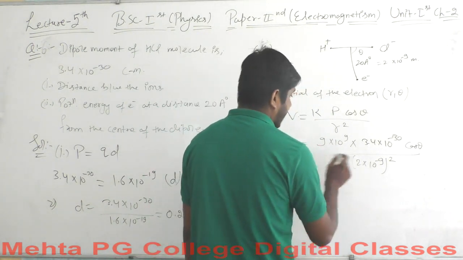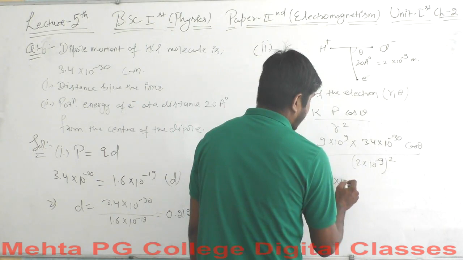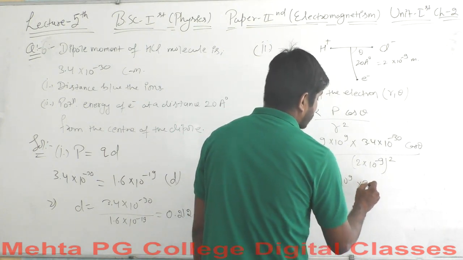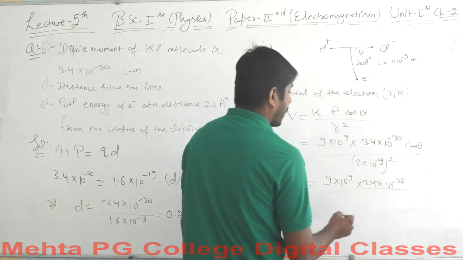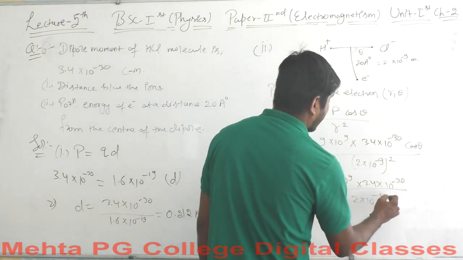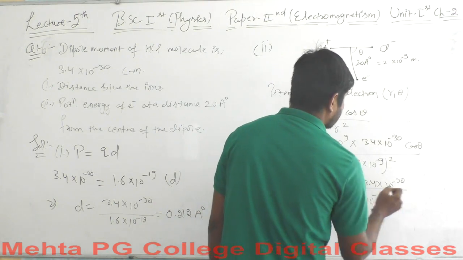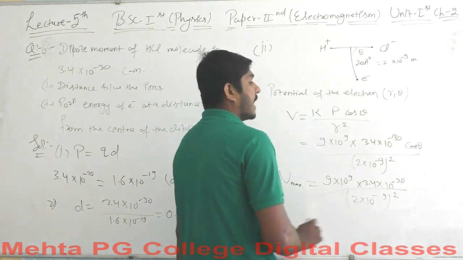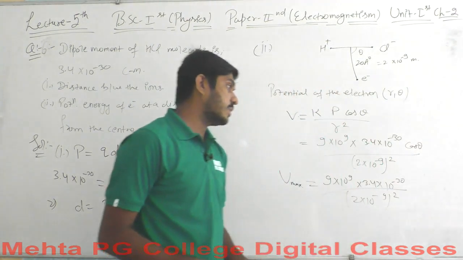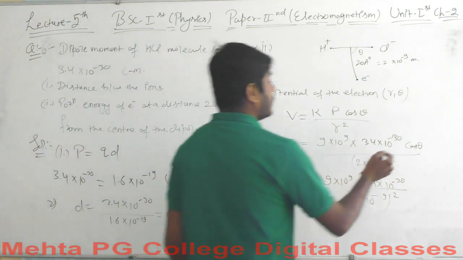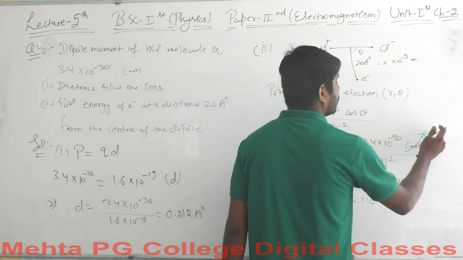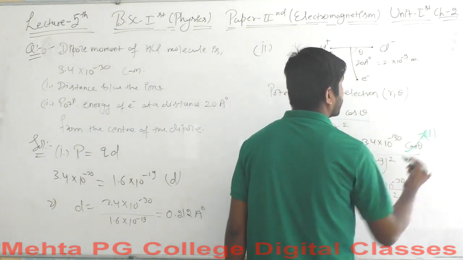This will be equal to 9 into 10 to the power 9 into 3.4 into 10 to the power minus 30, upon 2 into 10 to the power minus 9 squared. Cos of theta approaches 1 because we are dealing with the maxima of potential. This is equal to 1, not 0.